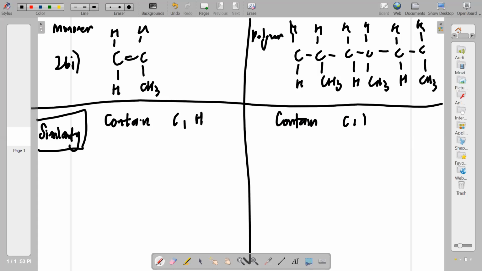I want to ask you one more. They have actually one more similarity. Think about in terms of empirical formula. What is their empirical formula? CH2.